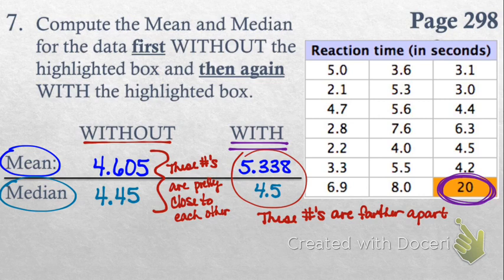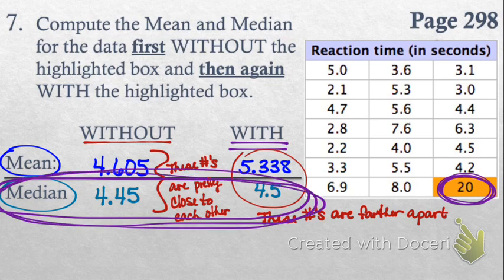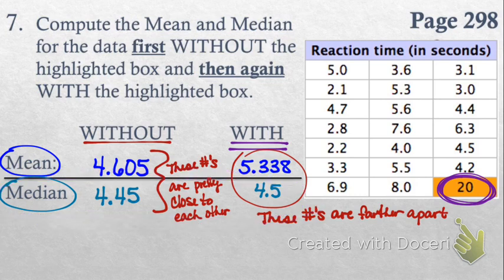Which numbers had the biggest change? The median without and with, or the mean without and with? I'm looking at just these rows. When I look at the median numbers, those two values, oh, the mean changed the most.